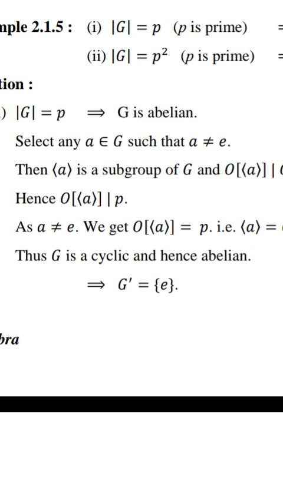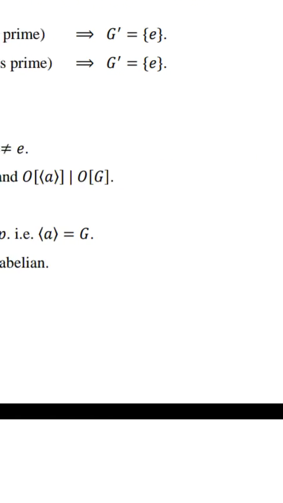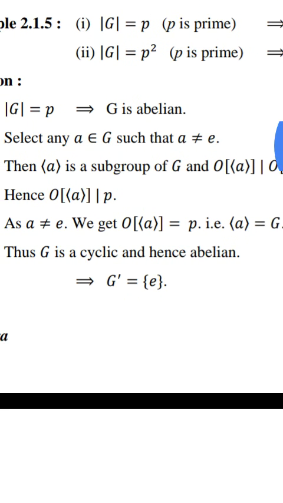Since the order of G is equal to p, therefore G is abelian. Select any a belongs to G such that a is not equal to e. Then the subgroup generated by a is a subgroup of G, and the order of the subgroup generated by a divides the order of G by Lagrange's theorem.